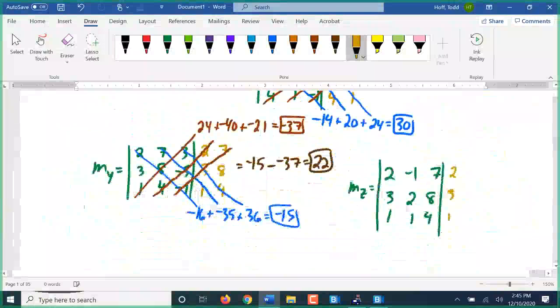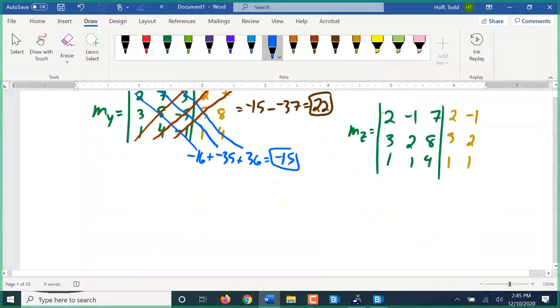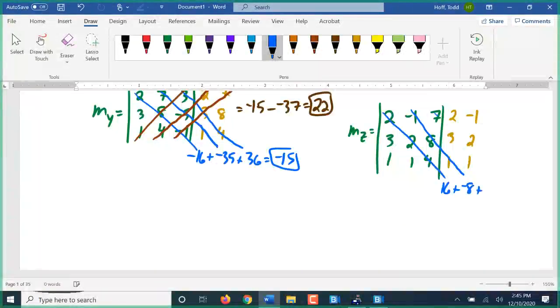Oh, 2, 3, 1 is right. And let's do our diagonals. 2 times 2 is 4, times 4 is 16, plus negative 1 times 8 is negative 8, times 1 is negative 8, plus 7 times 3 times 1 is 21, which adds up to, I believe, 29 for our down diagonal total.